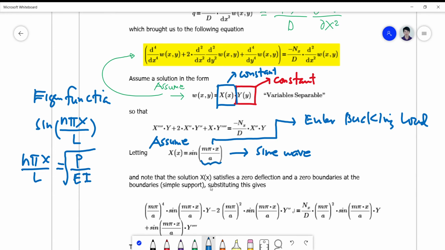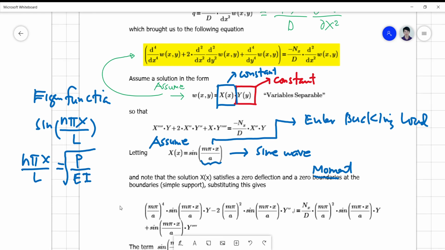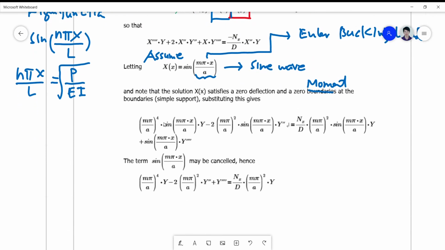Note that the solution of this X of x satisfies a zero deflection and a zero moment at the boundaries for the simply supported end condition, and substituting this gives this value here.